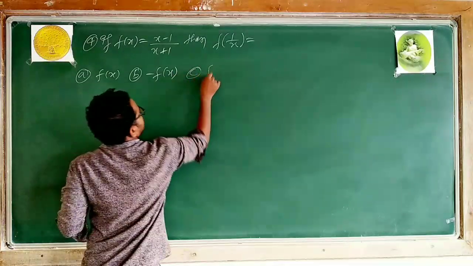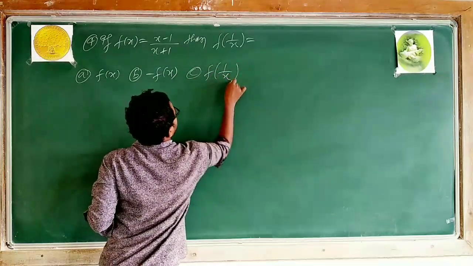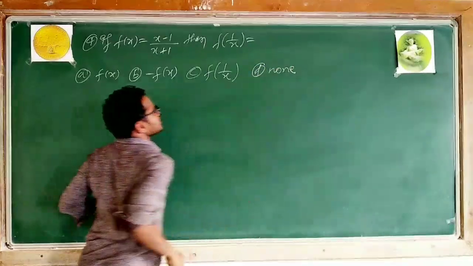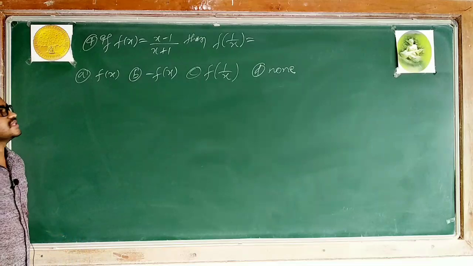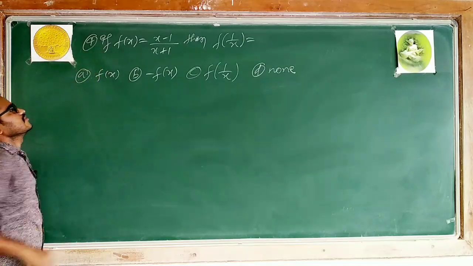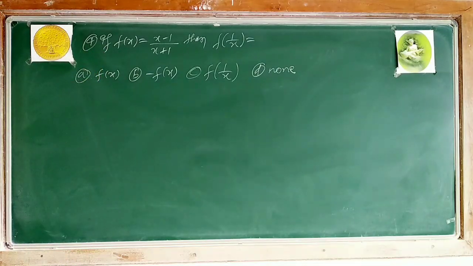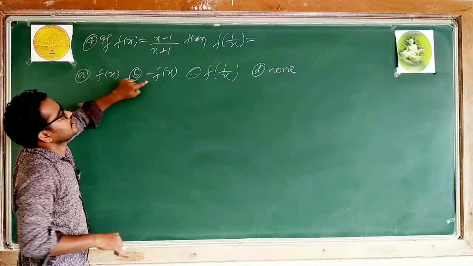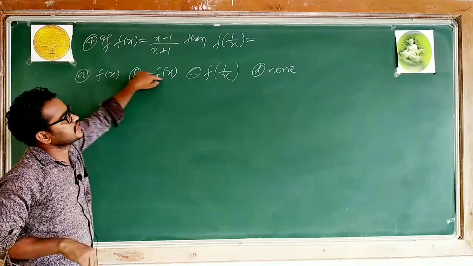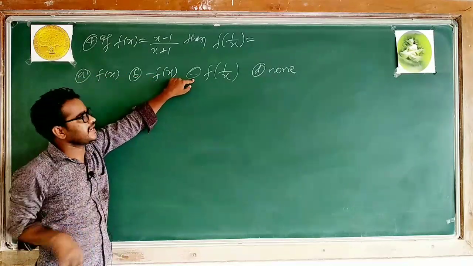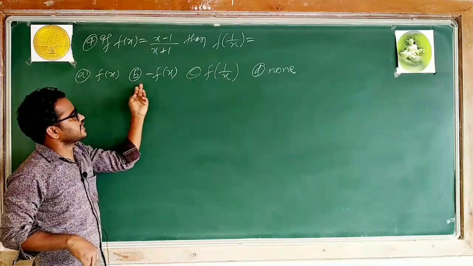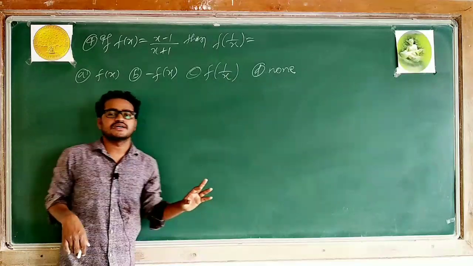Third one, f of 1 by x only. Fourth one, none of these. None means there is no correct option among the first three.